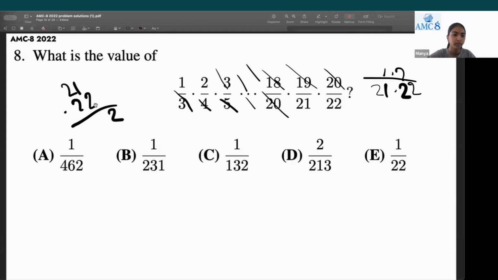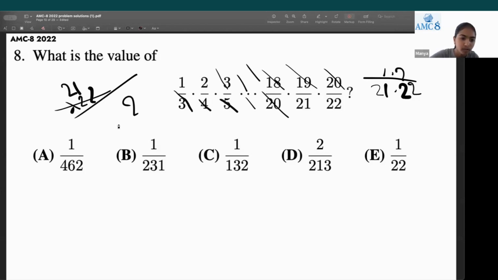And so, if we solve 21 times 22, we'll be getting 21 times 22. We'll be getting 2 here, 6 here, so 6 times 462.